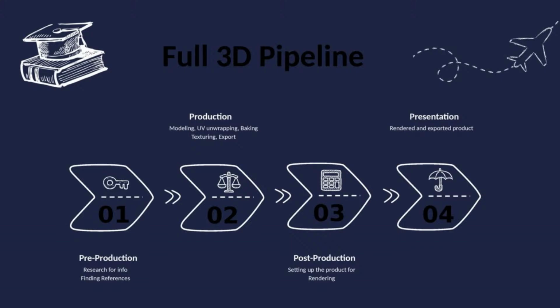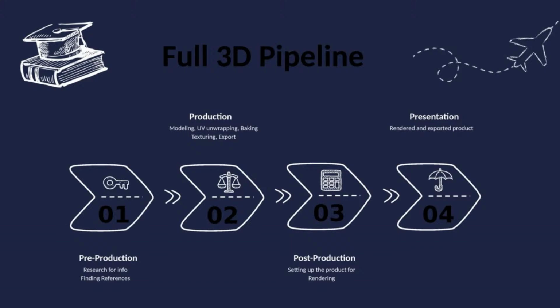After modeling your object, you'll be UV unwrapping because in a 3D pipeline, you will need to texture and to be able to render or export.